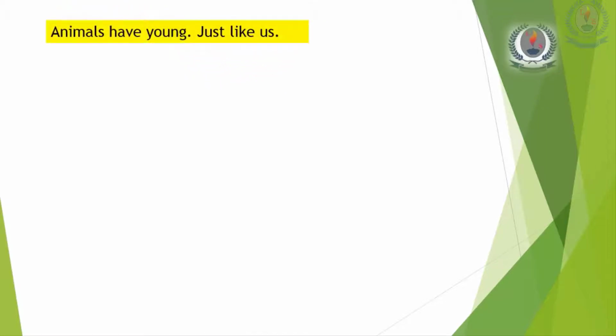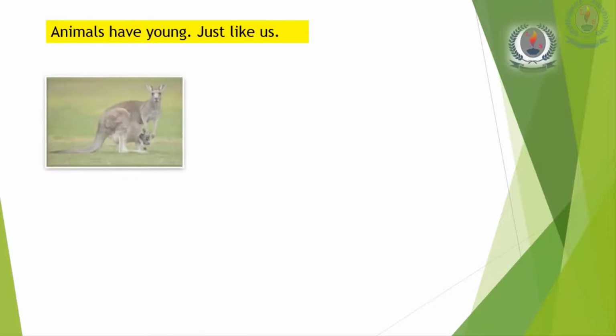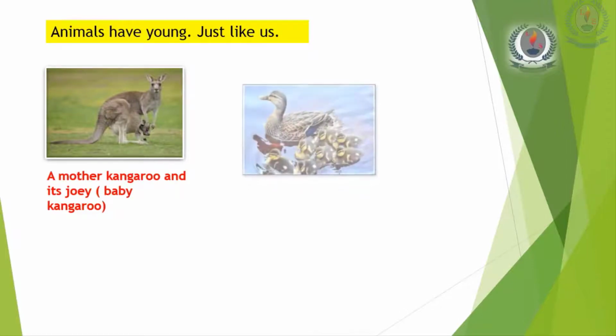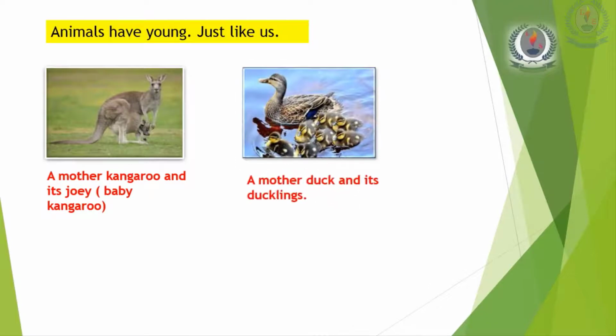Page number 49. Animals have young just like us. In the first picture, you can see a mother kangaroo and its child, the baby kangaroo. In the second picture, you can see a mother duck and its ducklings.